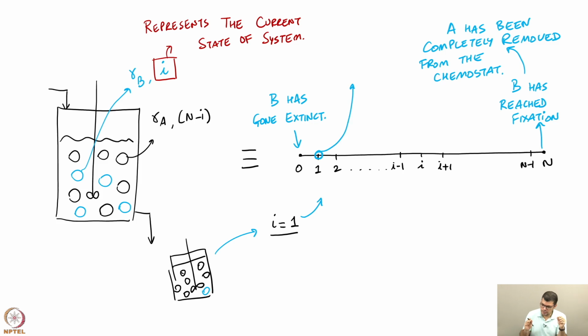The first time that the mutation happened, there is only one blue type individual and that represents the state where I is equal to 1. So, this represents a state where mutation leading to a B individual has just happened.